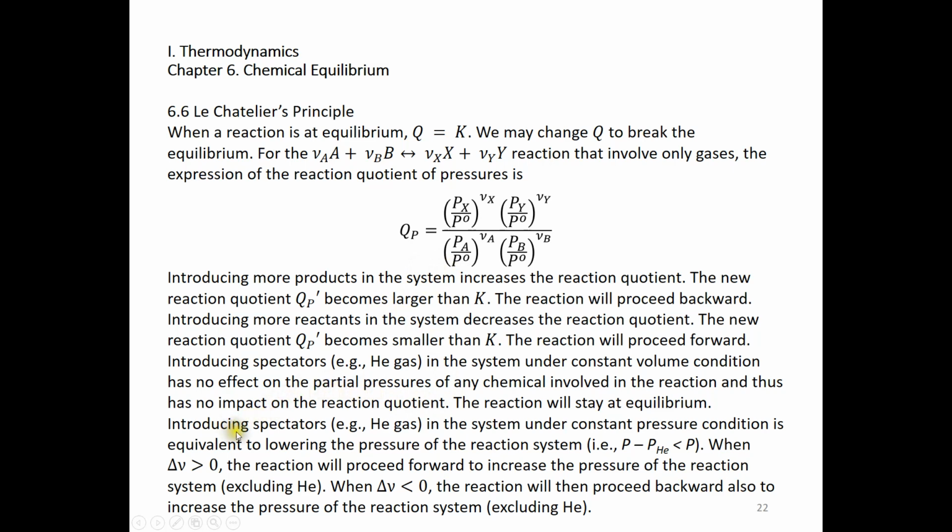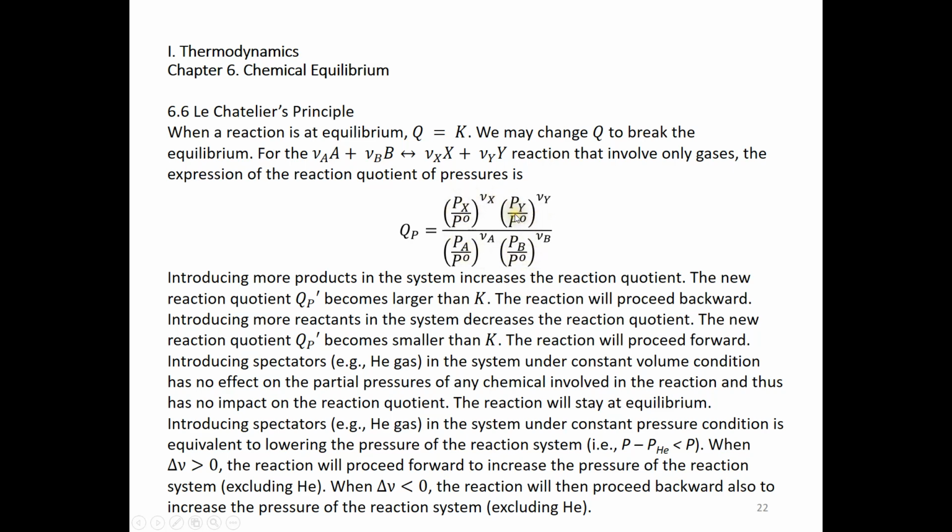However, if you introduce spectators in the system under constant pressure condition, this is tricky. Although I did say constant pressure condition, if you look at the final state of the system after the introduction of helium, this P actually includes the partial pressure of helium and then partial pressures of X, Y, A, and B. So although the total system pressure is constant, the pressure of the reaction system is reduced.